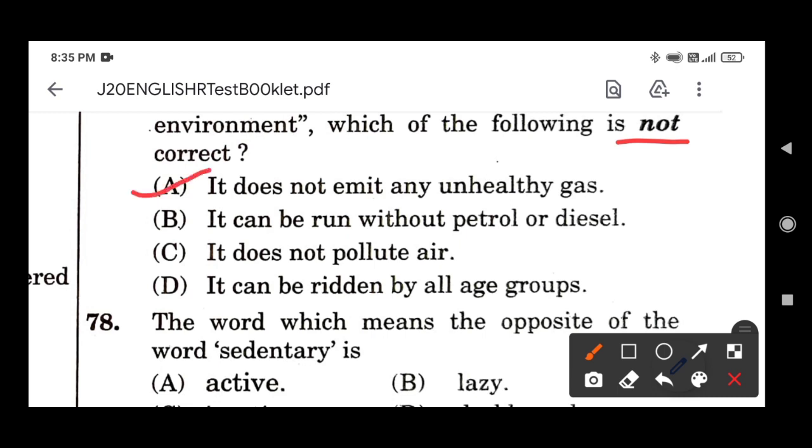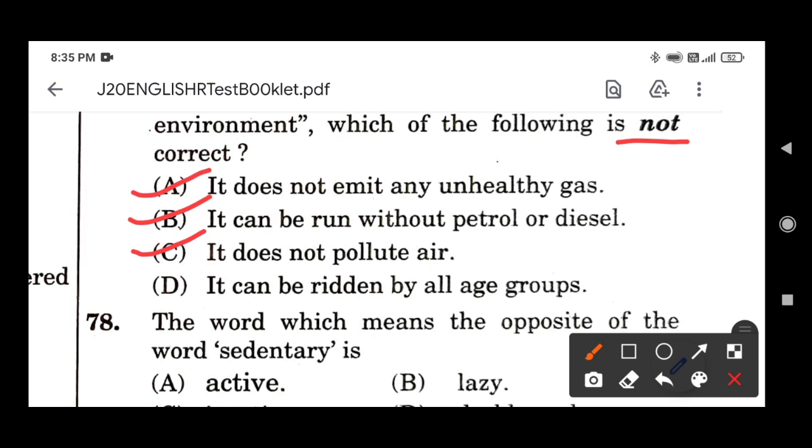So A option right, B option right, and C option, we'll see. It does not pollute air. Yes, of course it doesn't pollute any air, it doesn't release any smoke. It is also right. So which of the following is not correct, we'll see fourth option. It can be ridden by all age group.